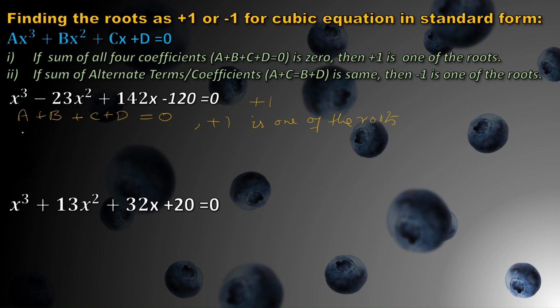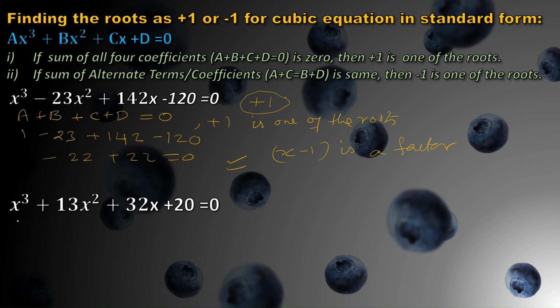See here, we can cross check: 1 minus 23 plus 142 minus 120. This is minus 22 and this is plus 22, which is equal to 0. Condition satisfied, which means plus 1 is the root, or we can say x minus 1 is a factor.